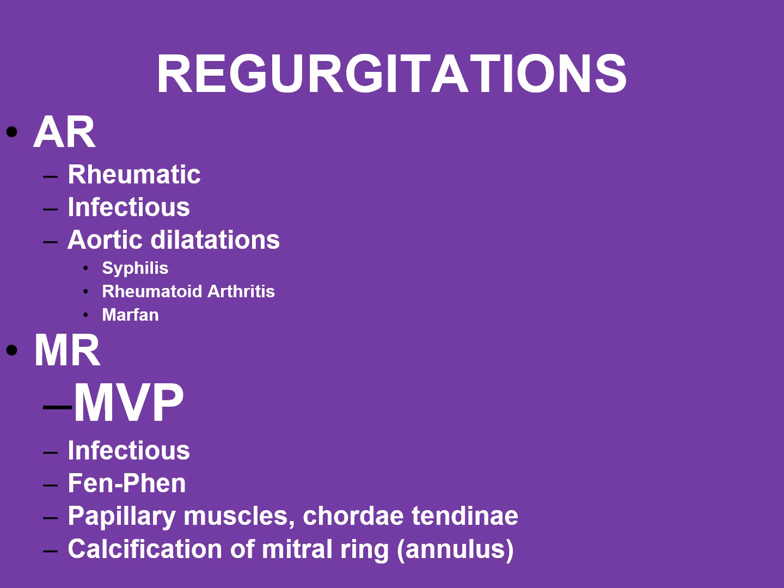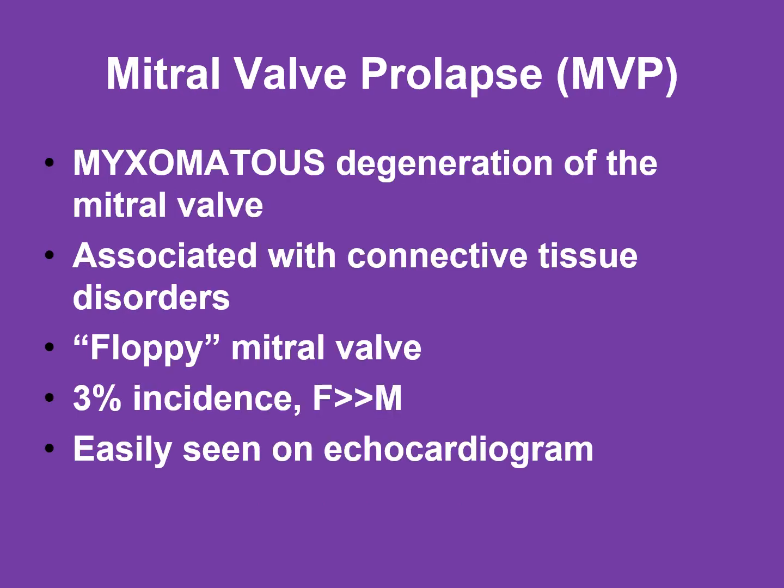We have the fen-phen, which is a drug used before for reduction of weight, papillary muscle, chordae, and calcification of the mitral ring. Now, in mitral valve prolapse, specifically, this is the myxomatous degeneration of the mitral valve associated with connective tissue disorders, of which one of the most common is Marfan syndrome, but it can also be in Ehlers-Danlos syndrome.